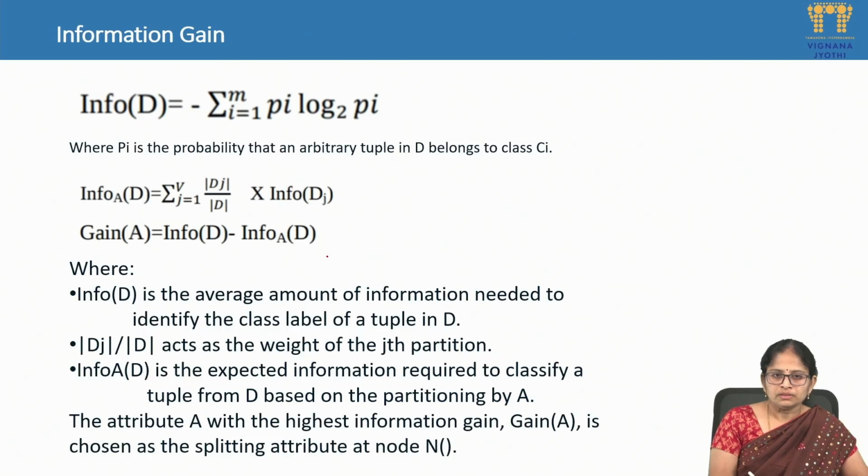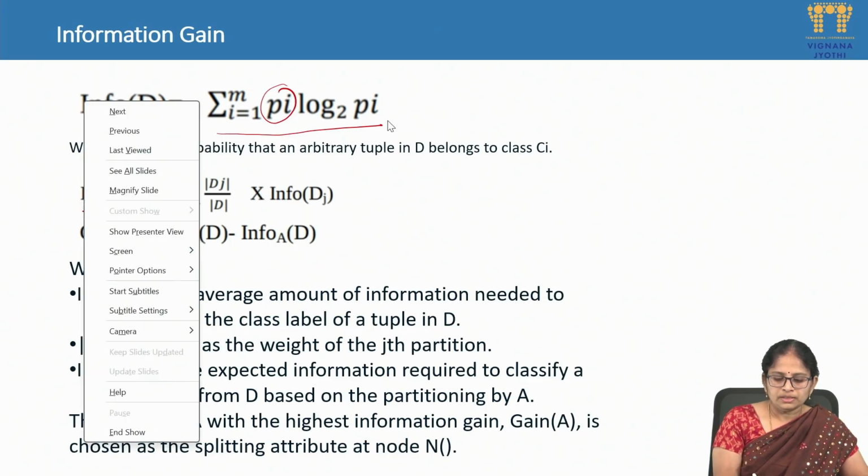with these formulas. Info of D is equal to minus sigma i equals 1 to m, pi log pi base 2, where pi is the probability that a particular sample belongs to a class Ci.